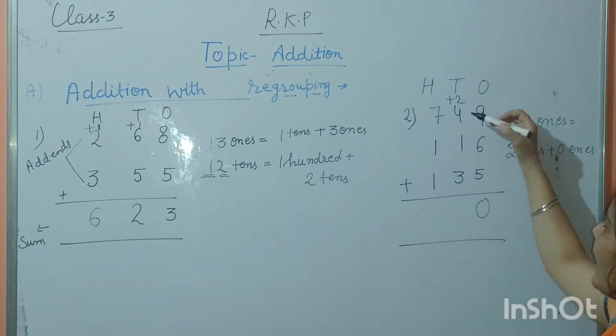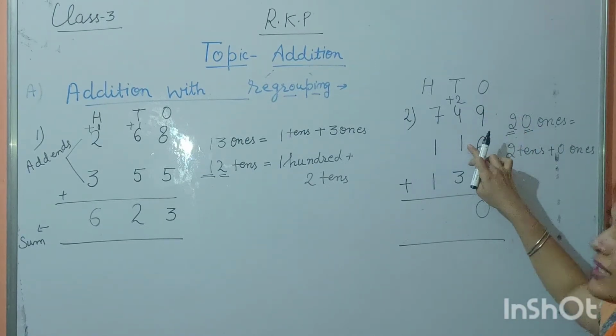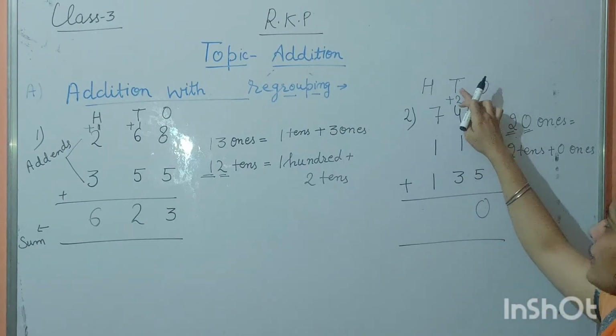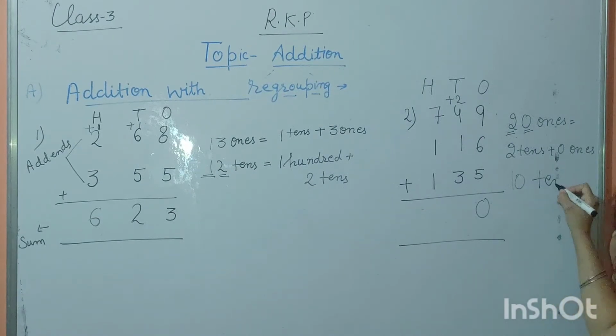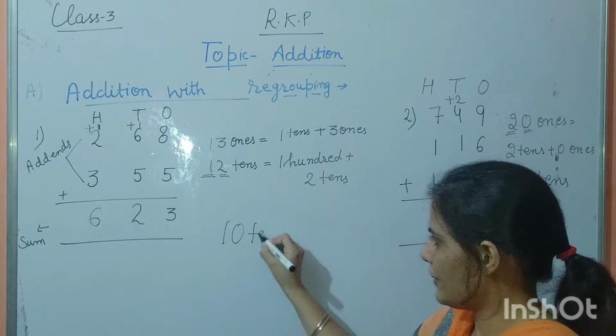Now add these: 4 plus 2, 6. 6 plus 1, 7. 7 plus 3, 10. This 10 will be 10 tens.